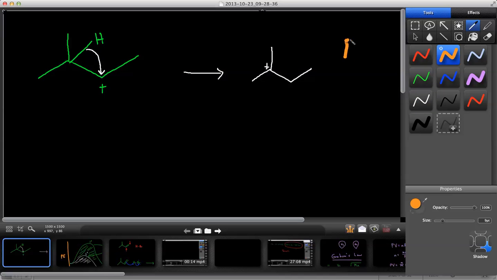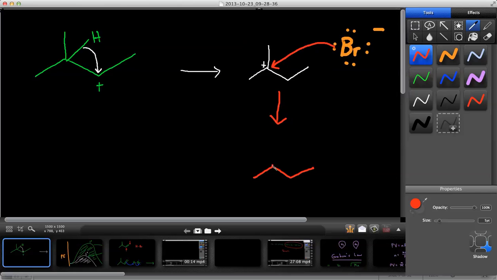Finally, Br minus, which we generated after the proton transfer step, now alleviates the charge on the carbocation through simple nucleophilic attack.